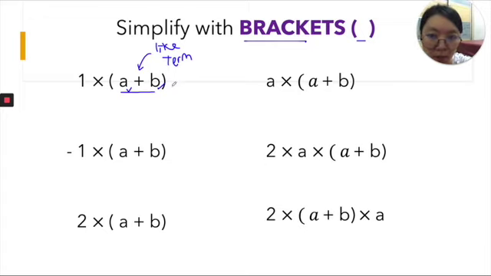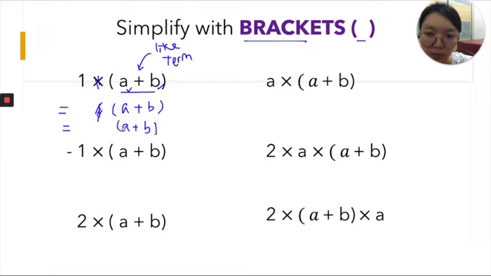So can I add them up? I can't. If it is impossible, I will just put it down. A plus B, bracket it. And then I look at the outside. There is times and there is 1. So when I see number and times, I can throw away these times and I can put 1 here to simplify it. And I ask myself, can 1 be simplified as well? Yes, because 1 times anything, it will become anything. So in this case, this is a plus b with a bracket.